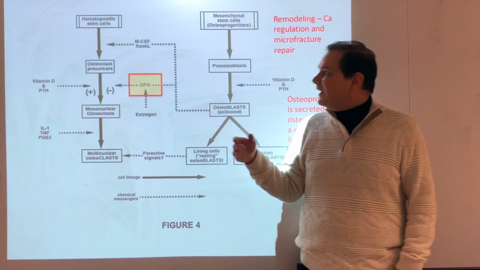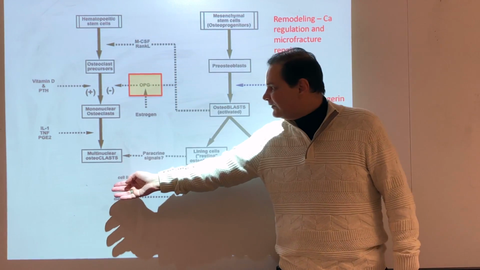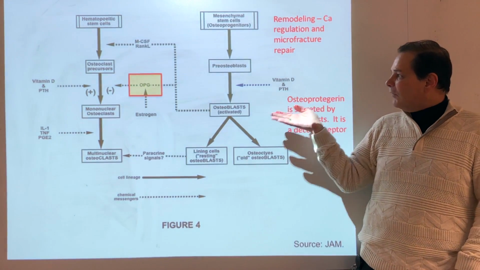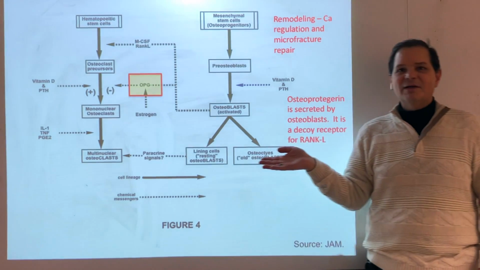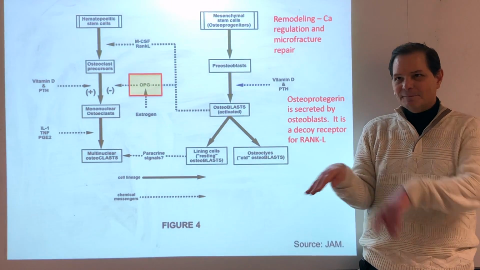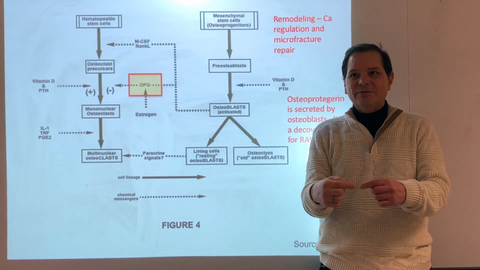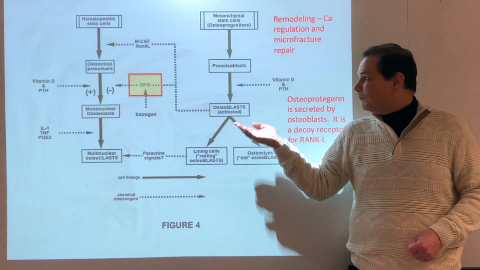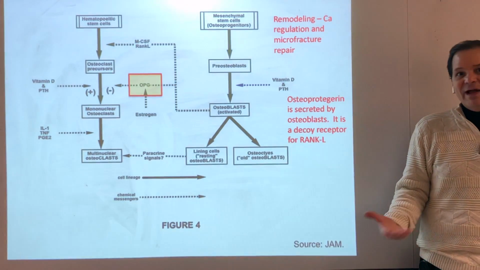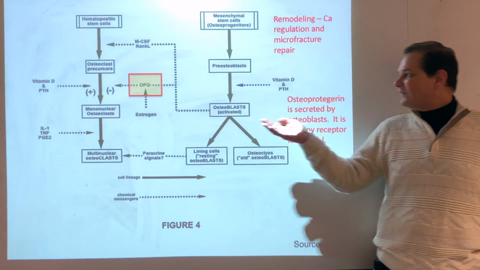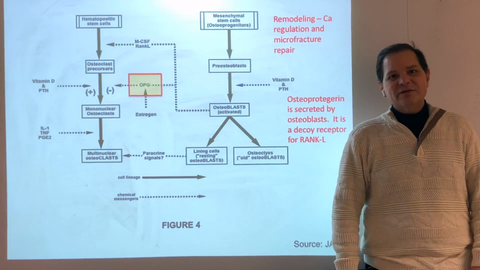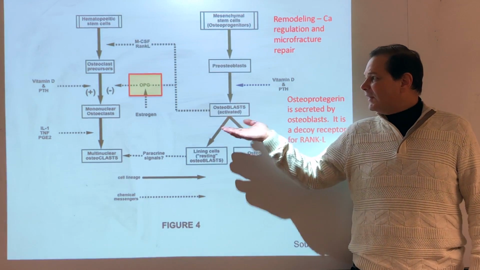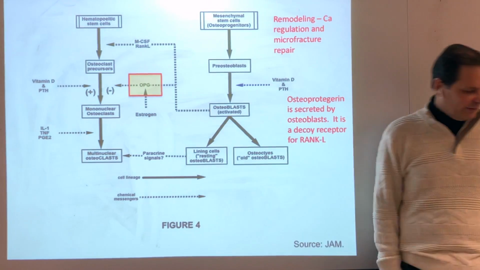And so what that does is it causes less osteoclast to be produced, less osteoclastic activity, and it seems to be involved in the signal for osteoclastic activity to stop in these pits and for osteoblasts to come in and fill in and start to make bone, okay? And so that's one of the primary signals for how that happens, okay? And so once that happens, you get this filling in by the osteoblasts and you get net bone formation in an area rather than bone breakdown by osteoclasts, okay?